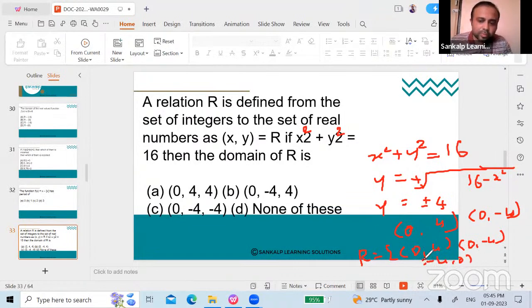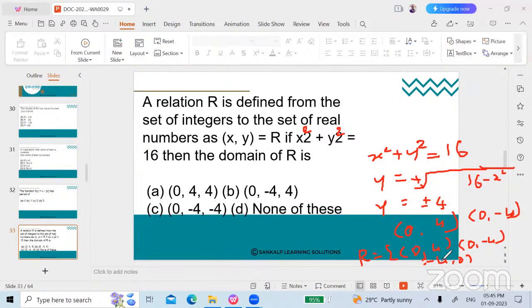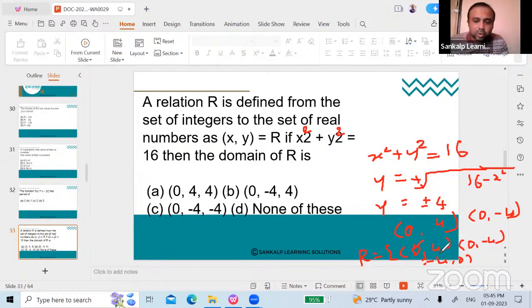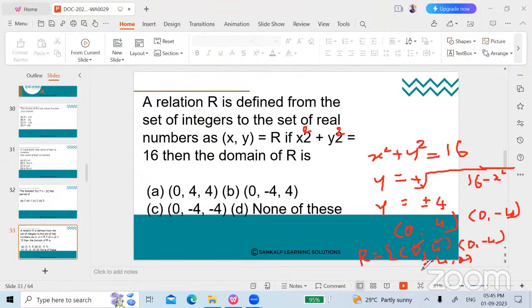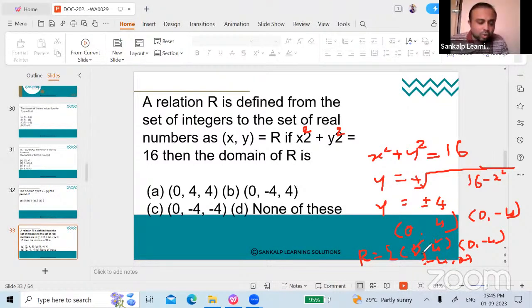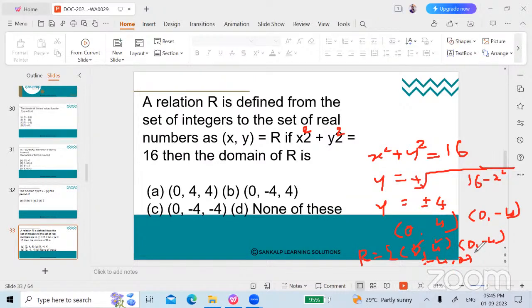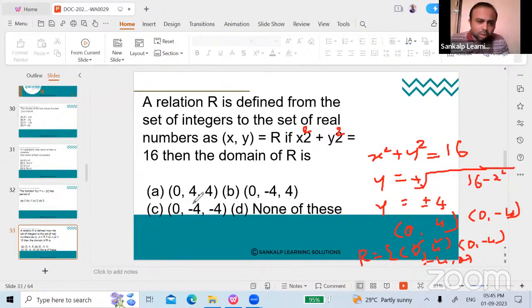So which option is correct now? The domain of R is what? It is 0, 4 and 0, minus 4. So option A is correct.